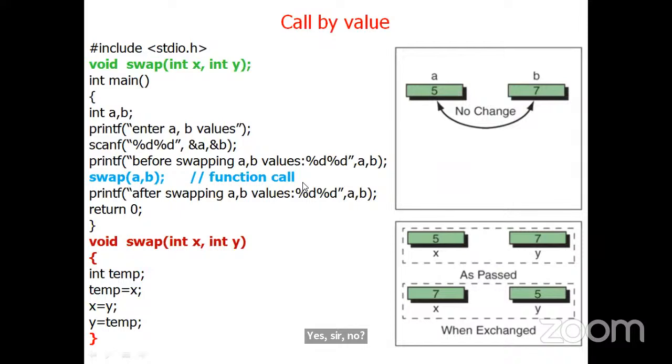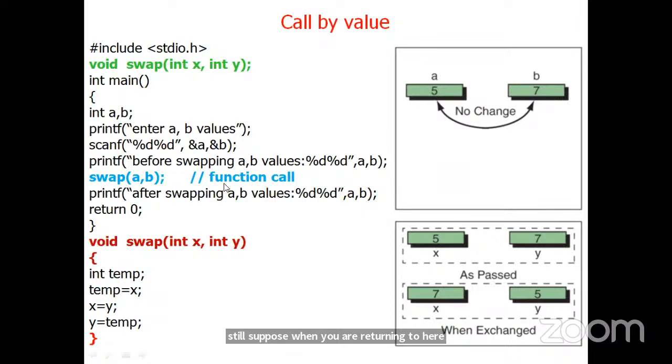So that means you have swapped the values, but this is applicable only inside this function. The A comma B values are not affected. Even when you return here, A comma B values are still 5 and 7 only.